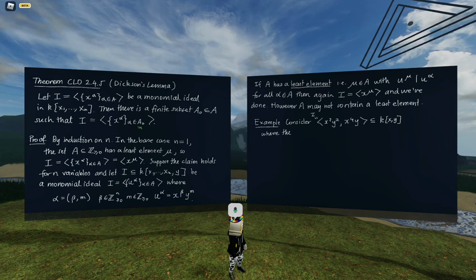So that's I. I'm going to color the part that corresponds to monomials inside the ideal in gray in the following diagram.